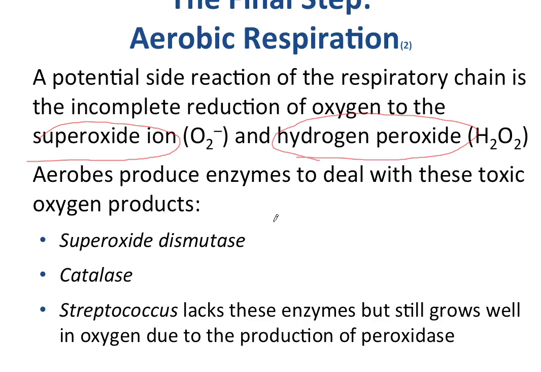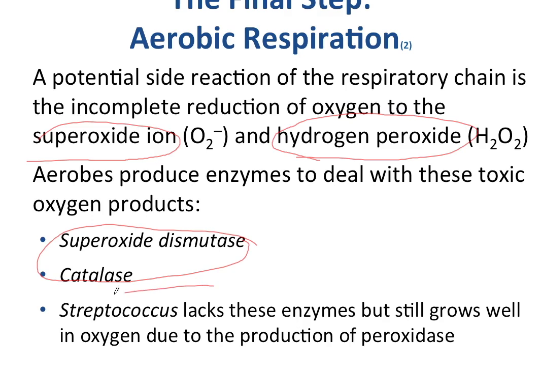However, cells have specific enzymes to detoxify the free oxygen. Animals and humans, the eukaryotes, have two enzymes, superoxide dismutase and catalase.